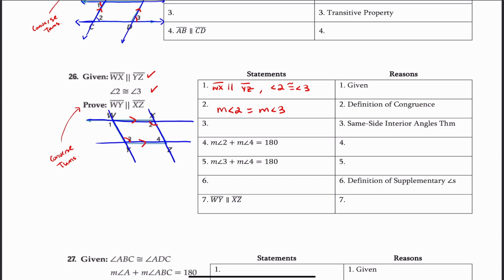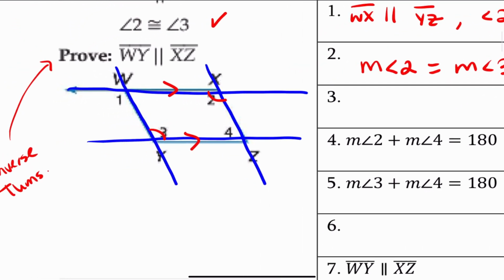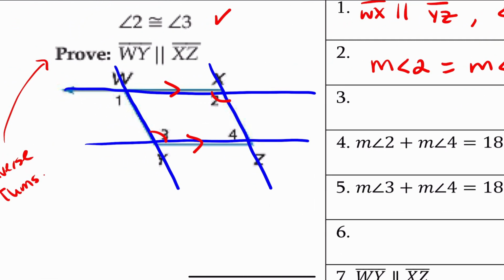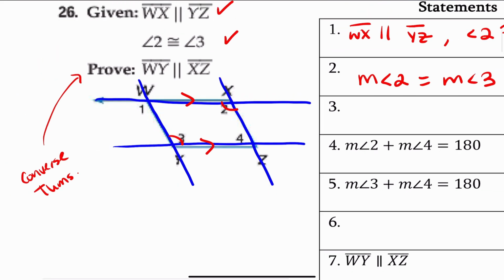Then, if I were to zoom in, note that I have parallel lines cut by this transversal, and since there's 2 and there's 3, right?